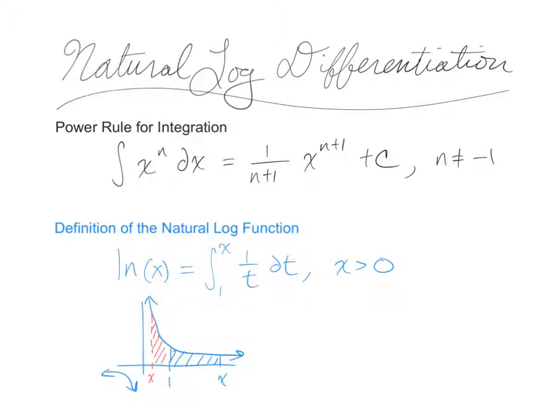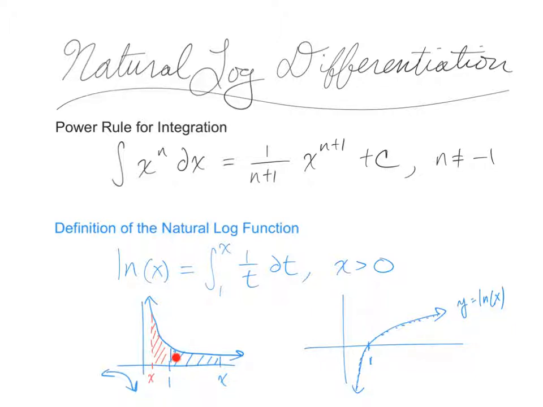So if you think about this in terms of what the actual natural log is, so here is y equals natural log of x. Here's 1. Any y value to the right is a positive value. Any y value to the left is a negative value.